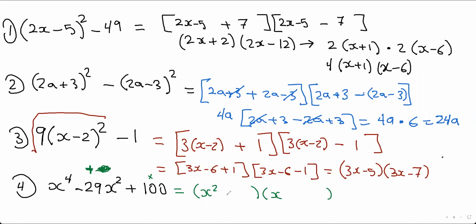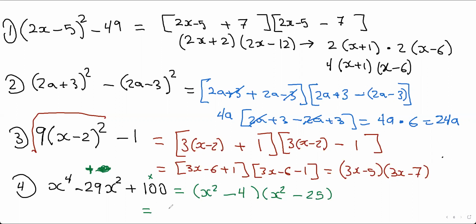So therefore it factors into x squared minus 4, x squared minus 25. Again, negative 4 times negative 25 will give you positive 100. When you add these two, it will give you negative 29. And that's how we got these answers. Now you don't stop here because these here are the difference of squares. They still follow the rules for the difference of squares.